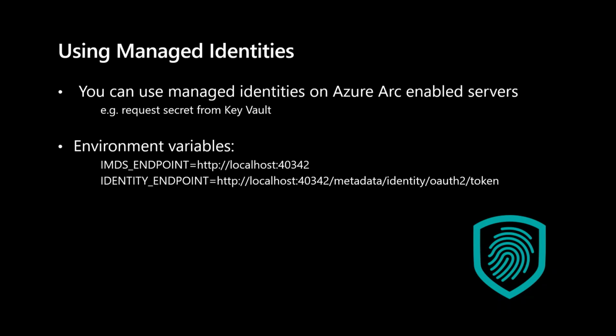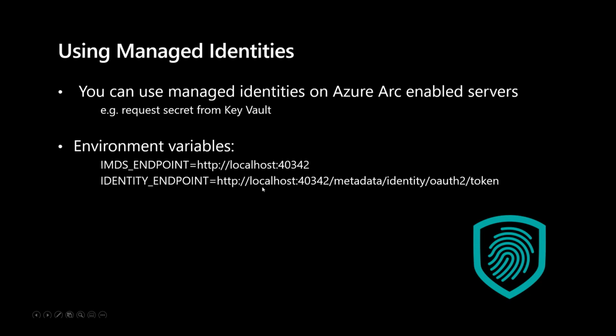What you, of course, then must do is make sure that the managed identity of your server has the necessary access rights to Key Vault to do a get on these secrets. And basically, that's all that is required.